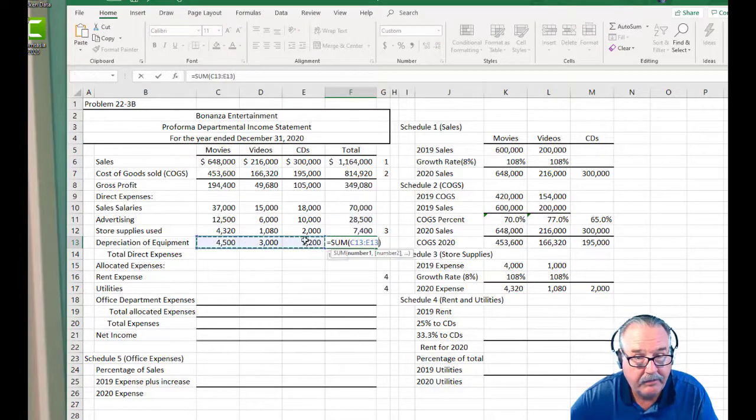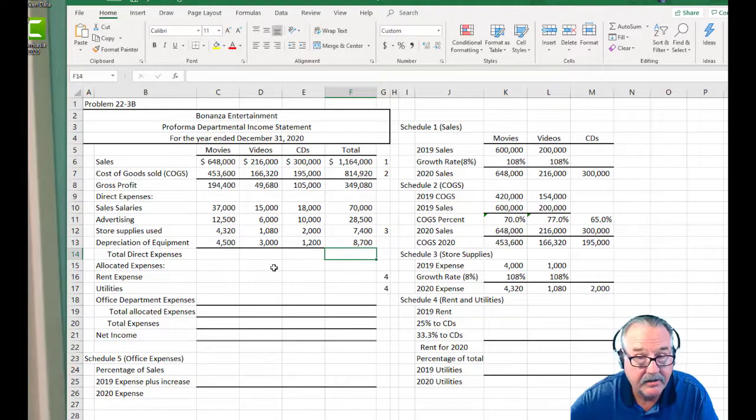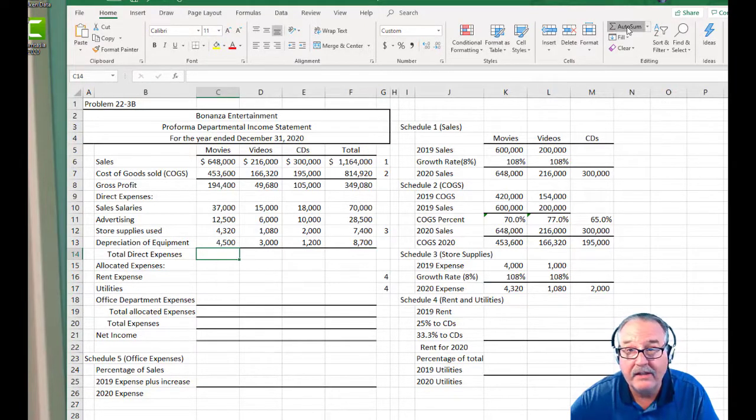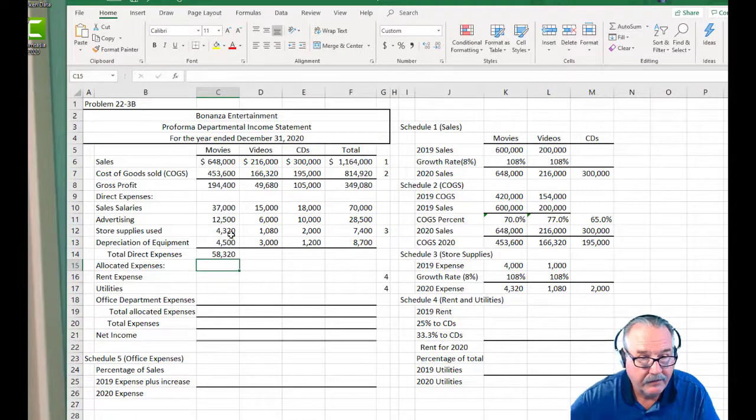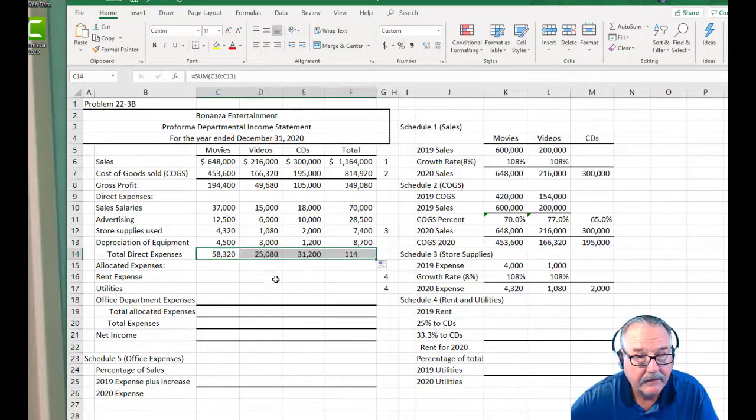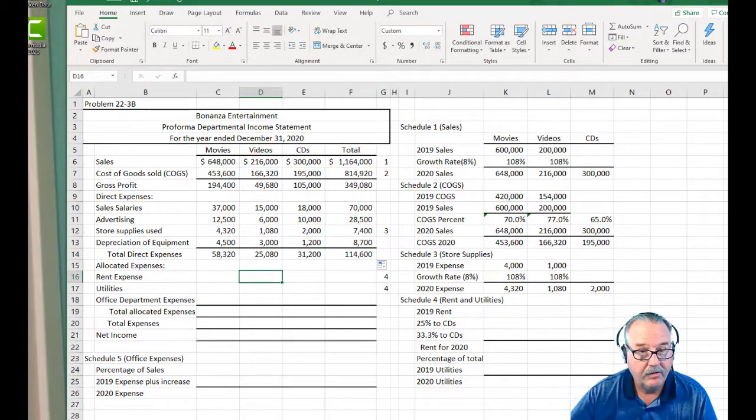If I total these up, I get total depreciation of $8,700, which means my direct expenses are $58,320 for movies, $25,080 for videos, $31,200 for CDs, for a total direct expenses of $114,600.